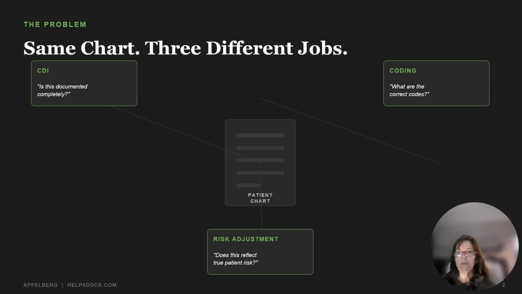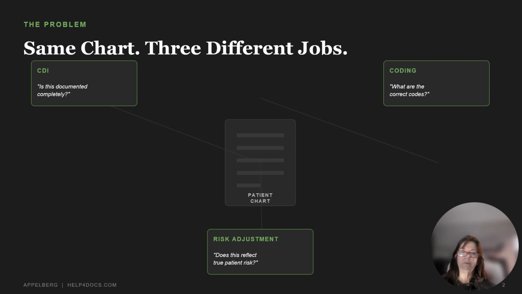The CDI specialist is asking, does this documentation actually reflect how sick this patient is? The coder is asking, what are the correct codes for what's documented here? And the risk adjustment team is asking, do these codes accurately predict the cost of caring for this patient over the next year?